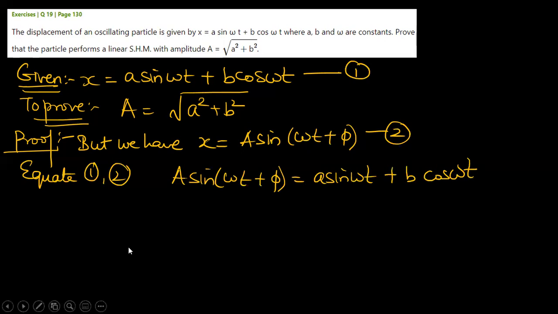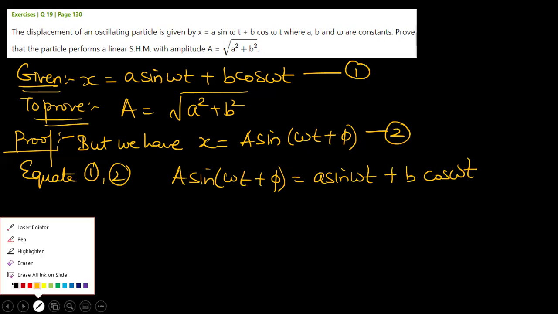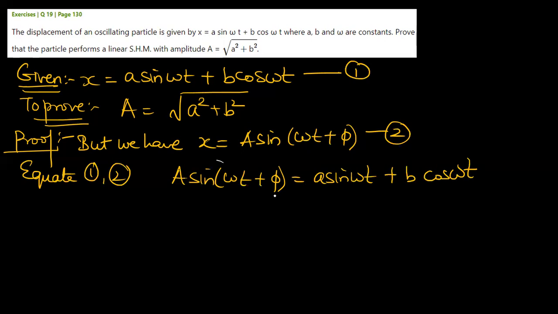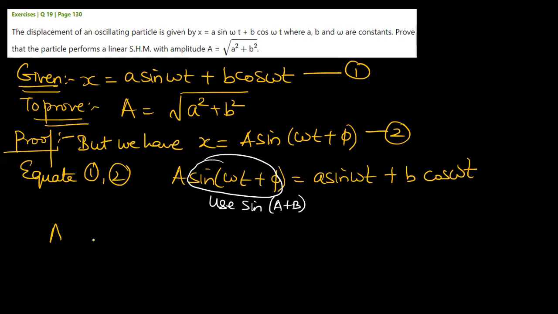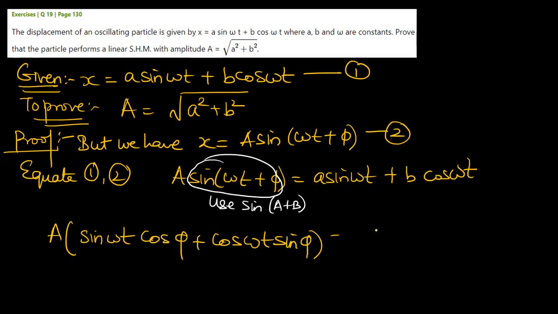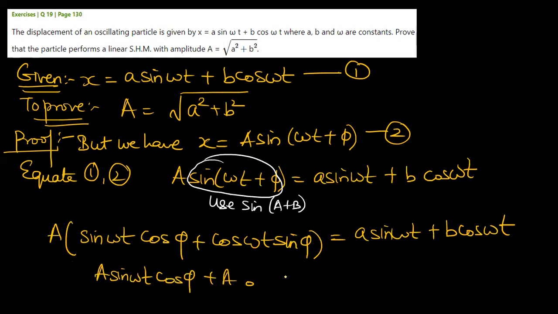Open the bracket on the LHS using the expansion formula sine A plus B, which is sine A cos B plus cos A sine B. The right side stays as it is. Multiply A inside: A sine omega t cos phi plus A cos omega t sine phi.